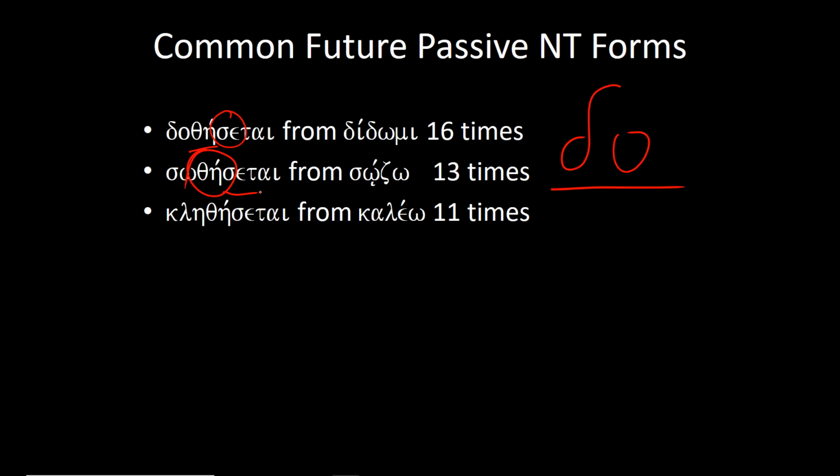Another one you haven't studied yet, but it means to call. Kaleō, to call, I call. Klēthēsetai. He, she, or it will be called. Egerthēsetai. From egeirō, to rise or to raise. He, she, or it will be raised.